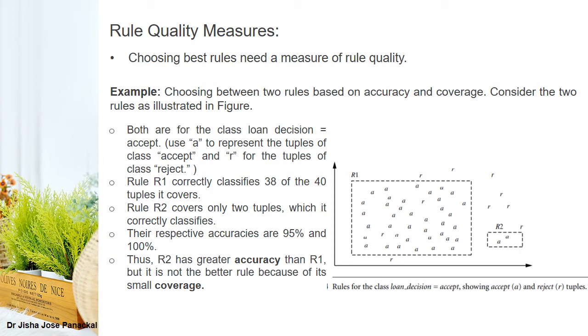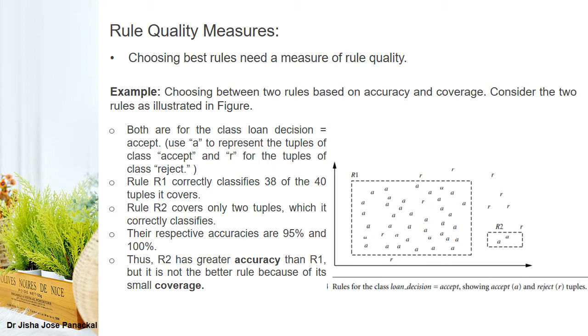Both are for the class loan decision equal to accept. A is used to represent the tuples of class accept, and small r is used for the tuples of class reject.